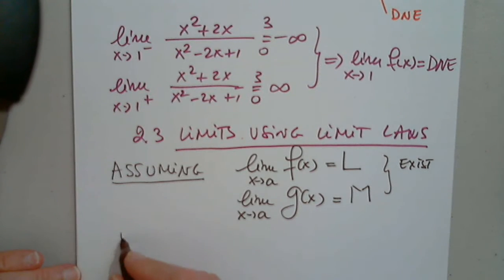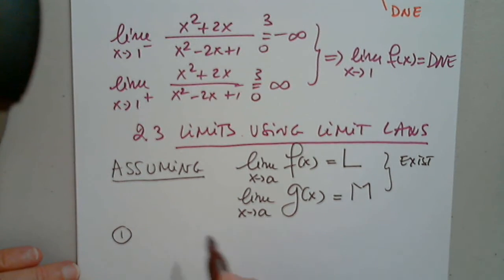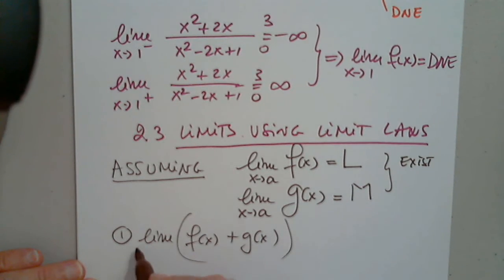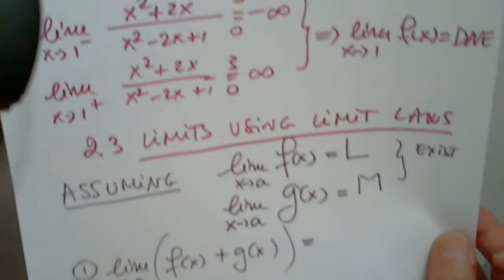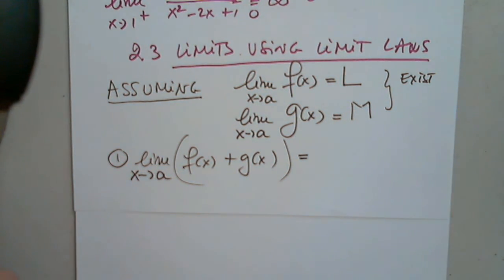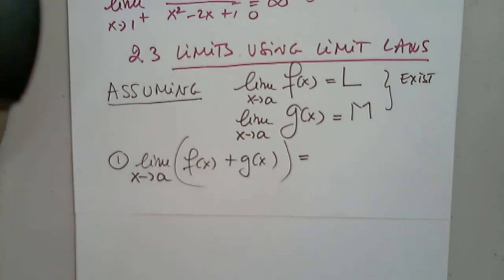Okay, let's start with the first limit law. Limit of f of x plus g of x as x approaches a from either side. What do you think this equals? No, we are not distributing the limit operator.